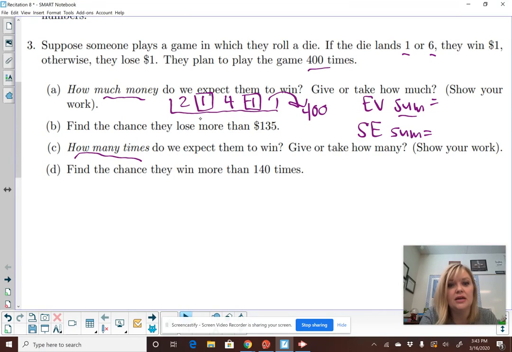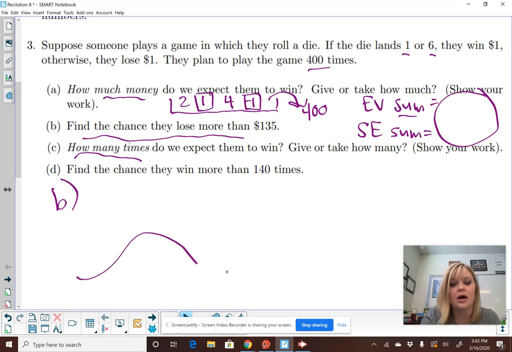And then part B is we're going to use these values for EV and SE sum to find the chance that we lose more than 135. So that's where we talked about, oh my goodness, that's horrible, on a normal curve, the mean will be in the middle. So this would be the EV sum, whatever that is from part A. And then give or take a standard error, right? So each one of these on the normal curve is a standard error, and this is minus a standard error below.